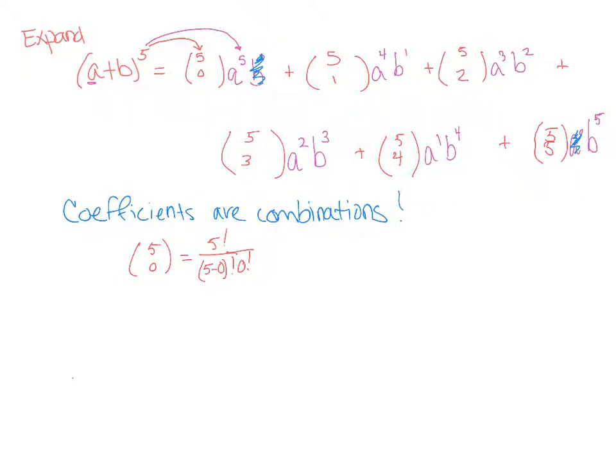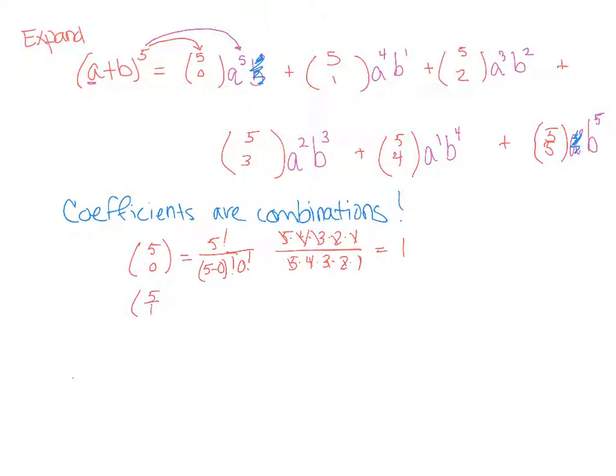And remember, factorial means 5 times 4 times 3 times 2 times 1. The numbers are decreasing by 1 each time. And then 5 minus 0 factorial is 5 factorial again, so 5 times 4 times 3 times 2 times 1. And all of these cancel, and so we end up with 1 over 1, which is 1. So anytime we have choose 0, it's going to be over itself, and it's going to equal 1.